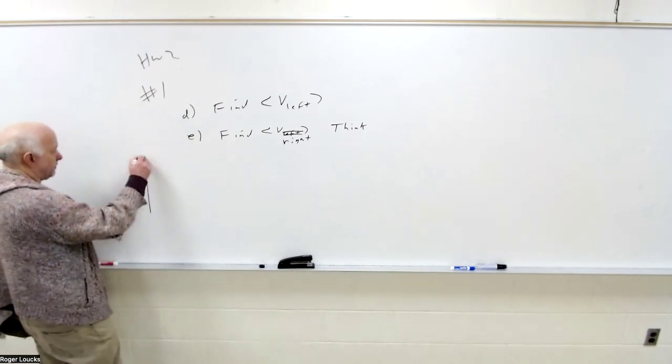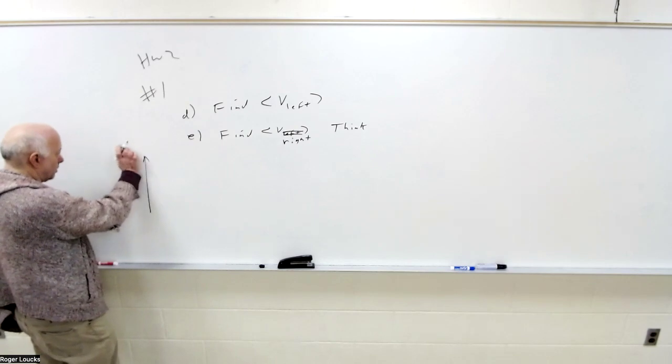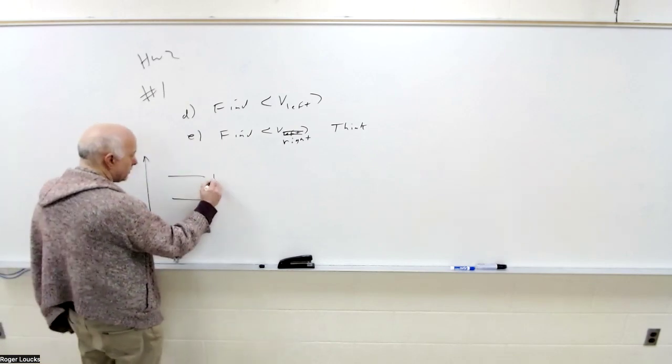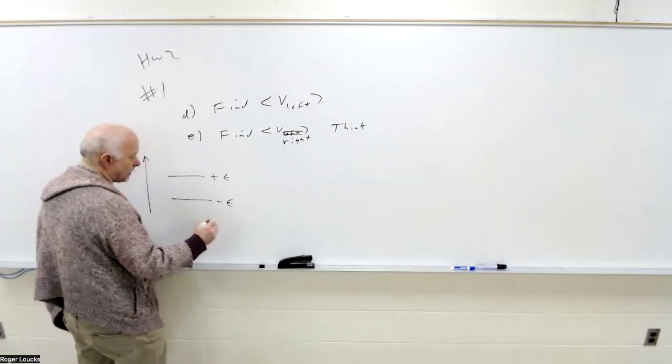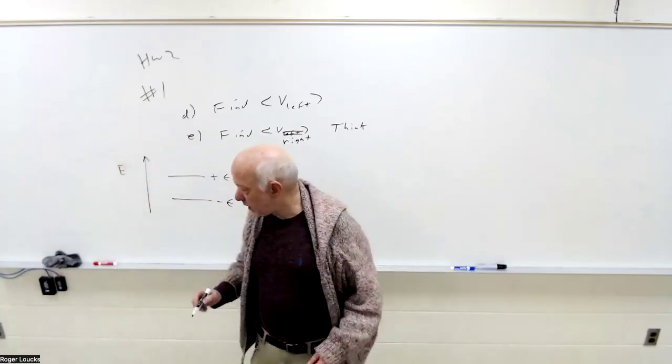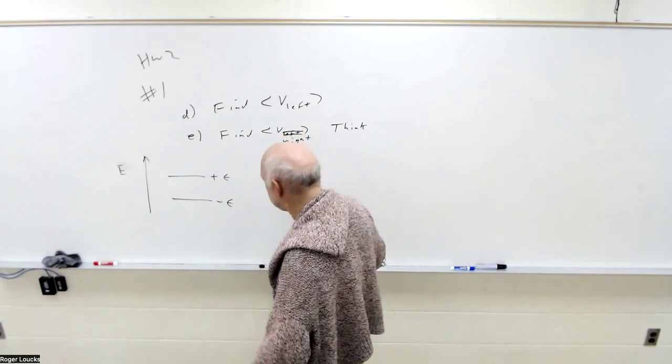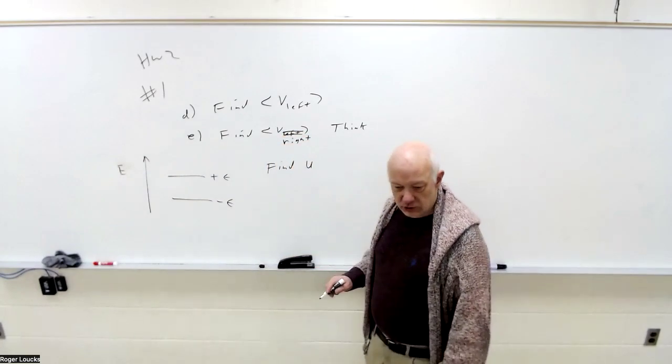Okay, let's go back to our problem. We don't have U at all. We have V. We have a 2-state problem. This is plus epsilon, and this is minus epsilon. And we wanted to find U. How do we find U?